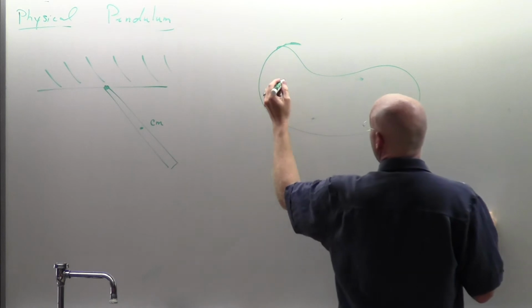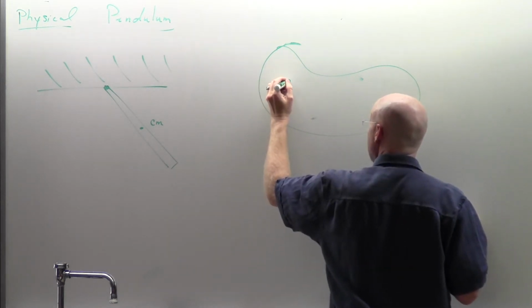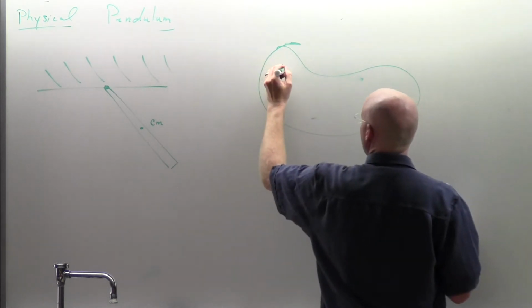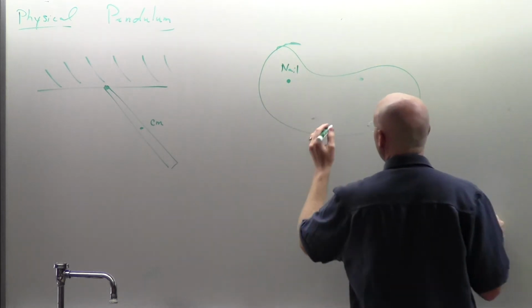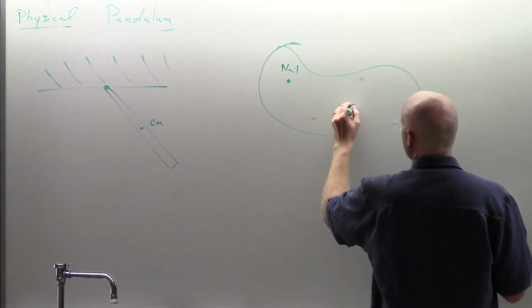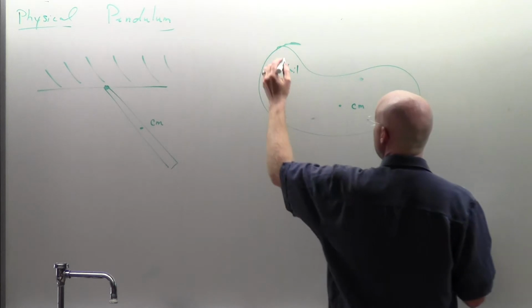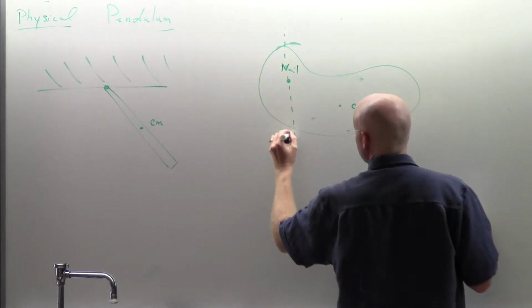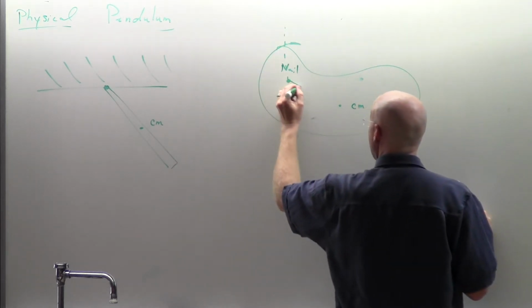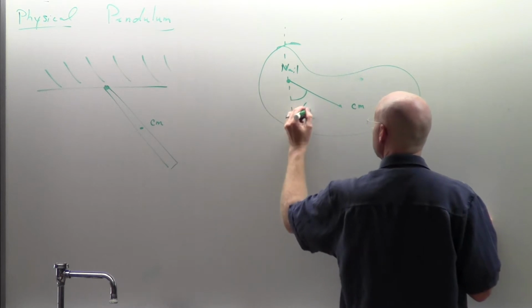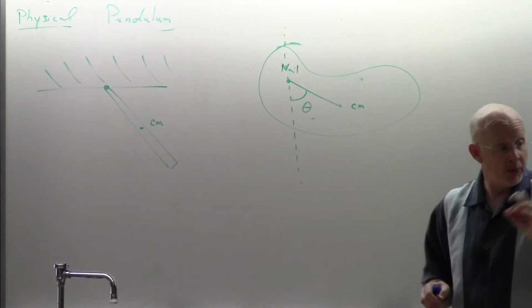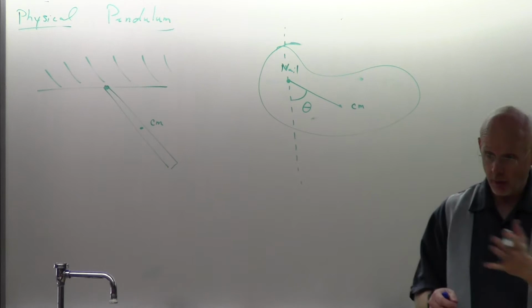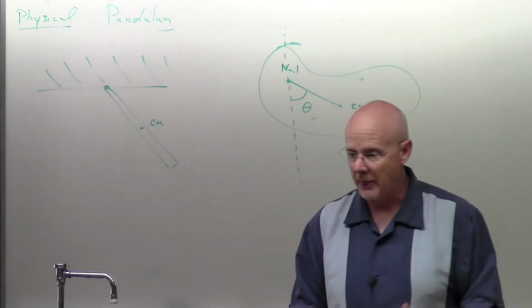And I drive a nail in it right here. So here's where I put the nail with my piece of plywood. The center of mass is, say, here. So this is straight down, and this then is off at some angle theta. And if I pull it to the side and let it go, it will rock back and forth.